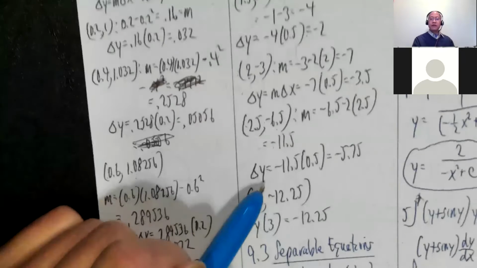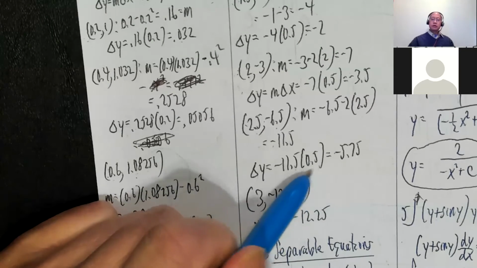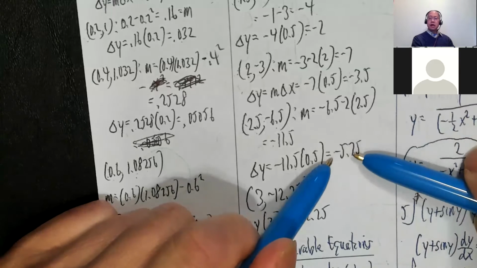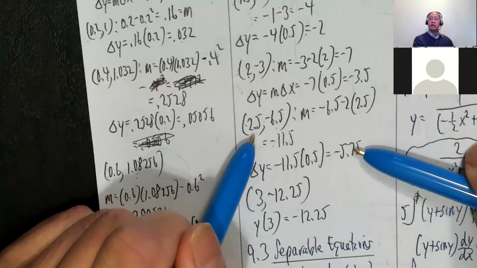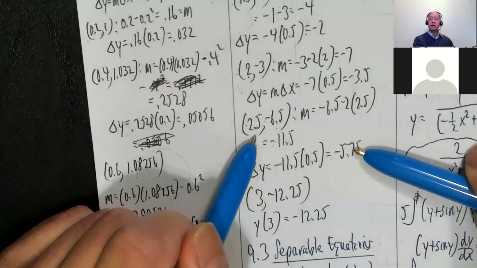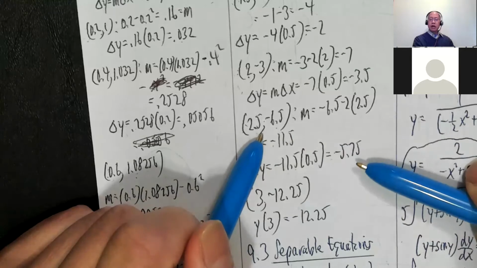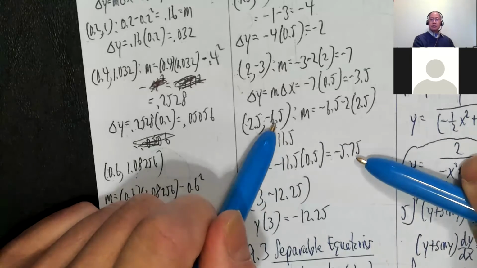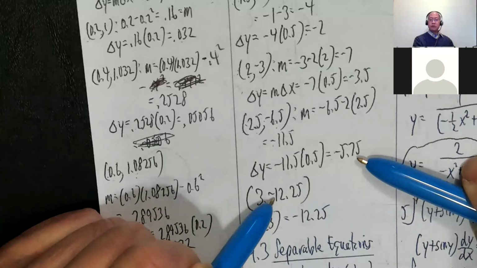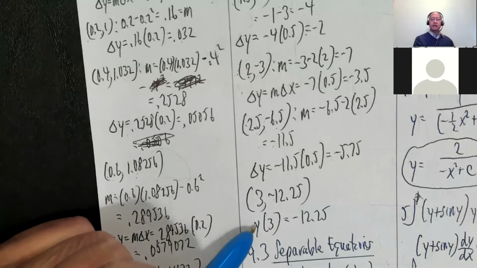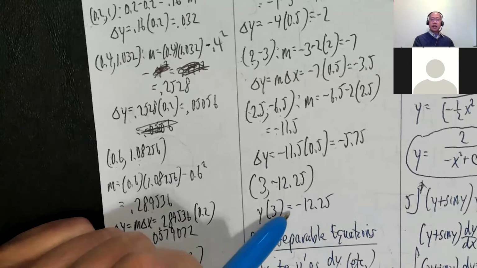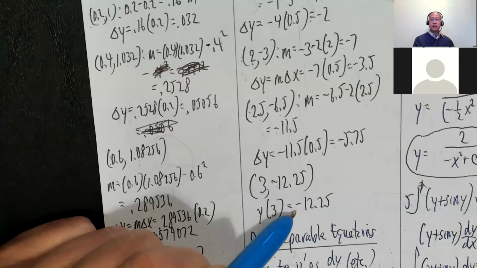So -11.5 times 0.5. Punch it in your machine, -5.75. So the last time I do this, the last iteration, I drop 5.75. So that minus that is -12.25. So my estimate of y of 3 is the same as saying f of 3, is -12.25. So that's our guesstimate.